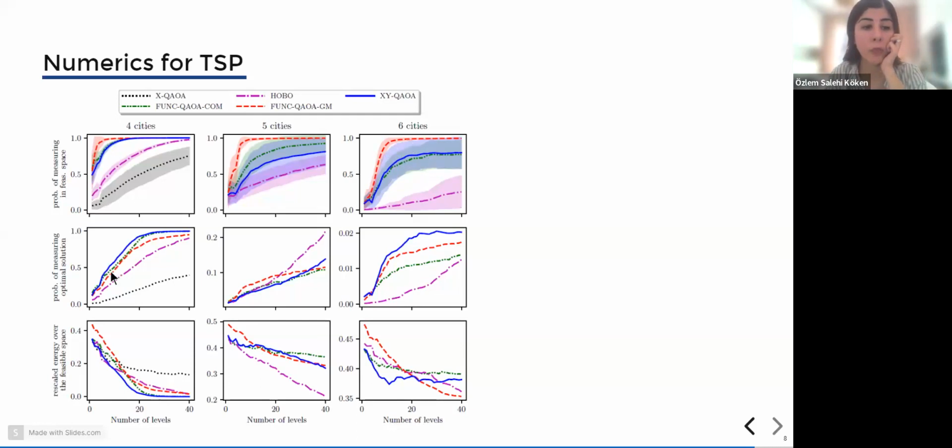And also we have probability of measuring the optimal solution and probability of energy scale in the feasible space. We cannot conclude very strong things from here, but you can see that they all resulted in comparable patterns, I would say. But the thing is, our fine QA is using much less resources.